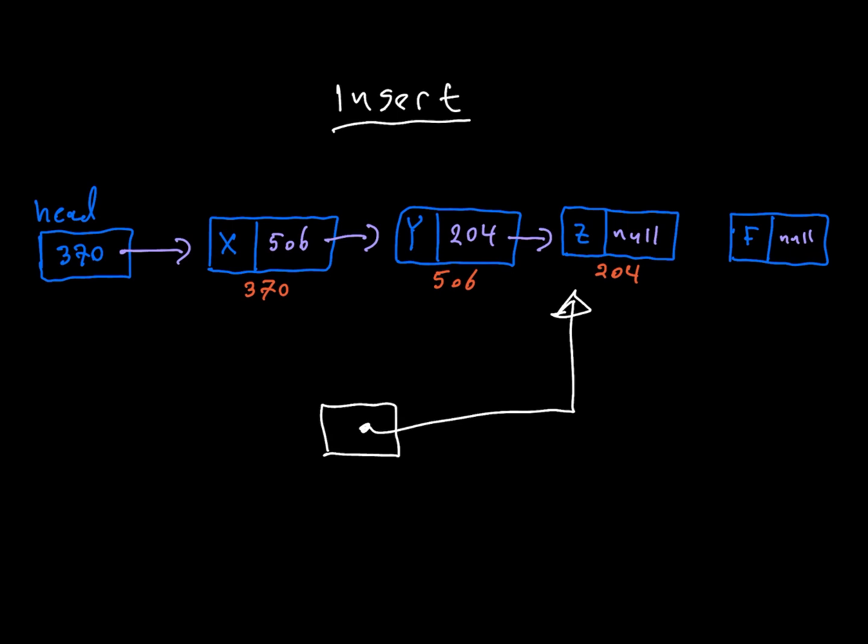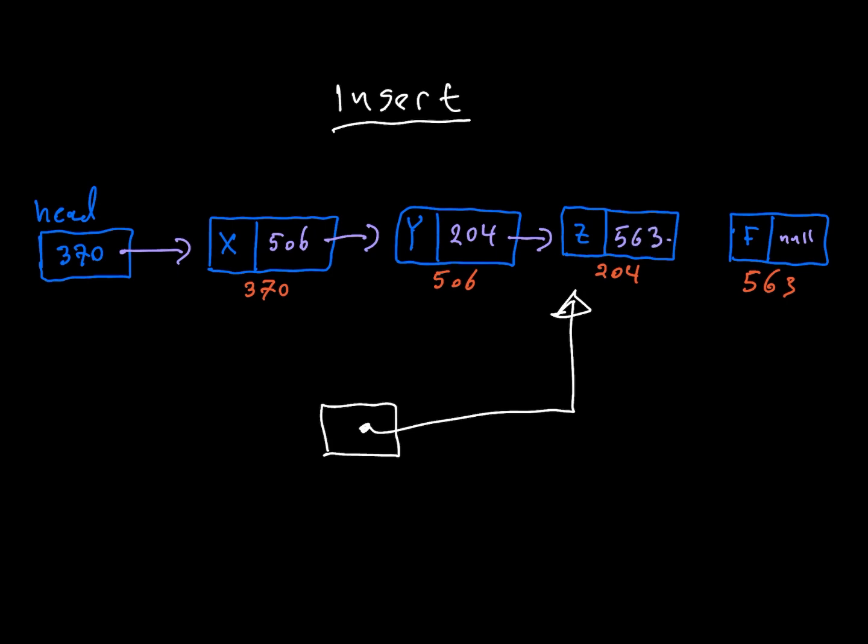So what we're going to do is we had created this new node. Let's say its address was 563. We are going to update this next node address to be 563.